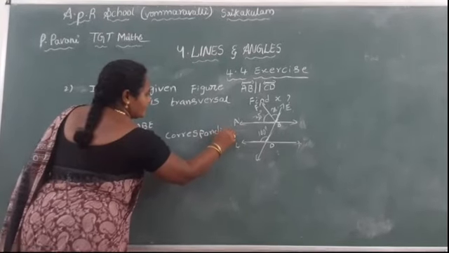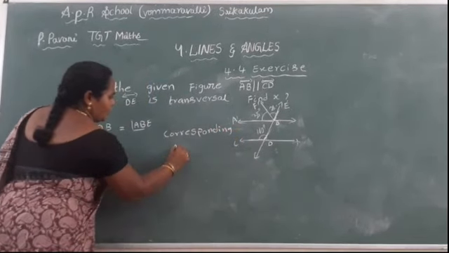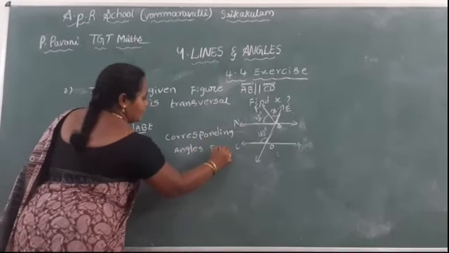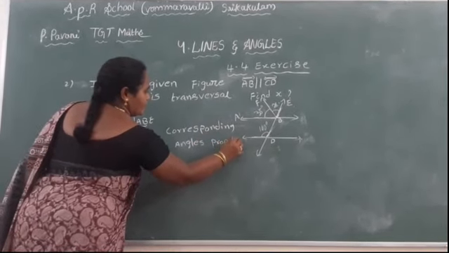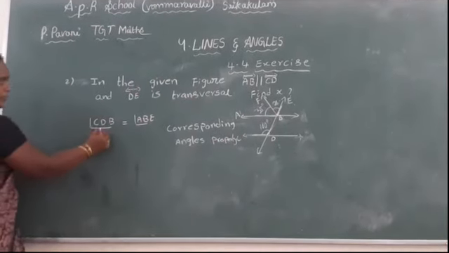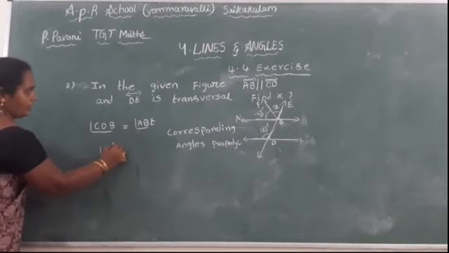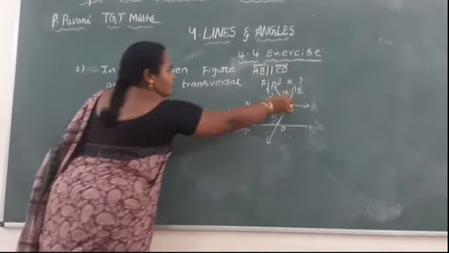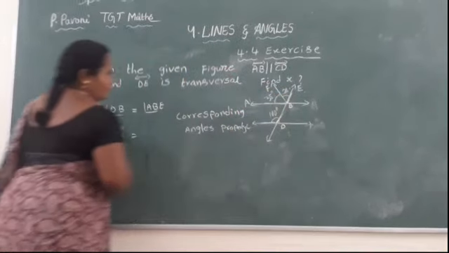Corresponding angles property. Angle CDB is equal to 100 degrees. Angle ABE is equal to x plus 35.